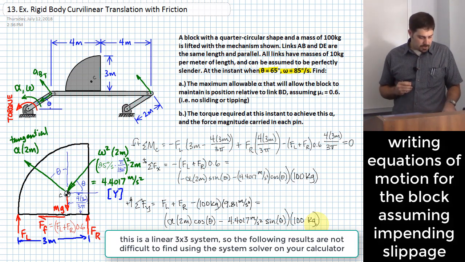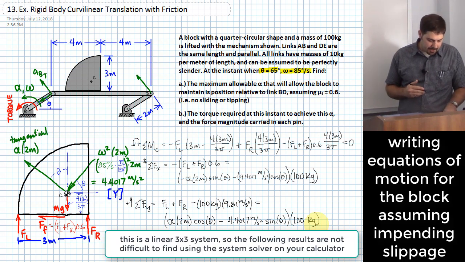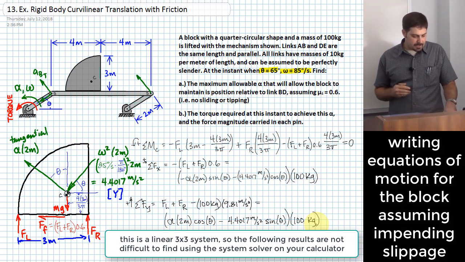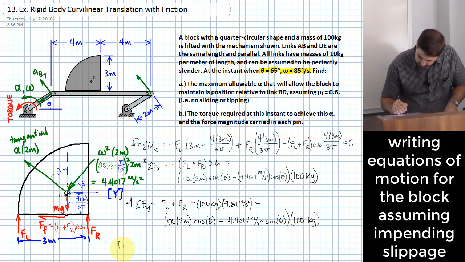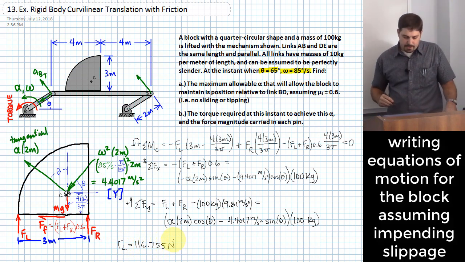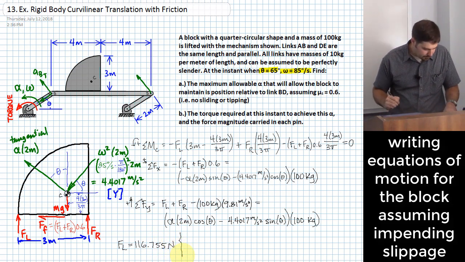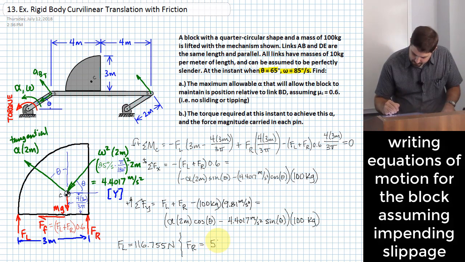So FL ends up being 116.755 Newtons. FR ends up being 570.989 Newtons.